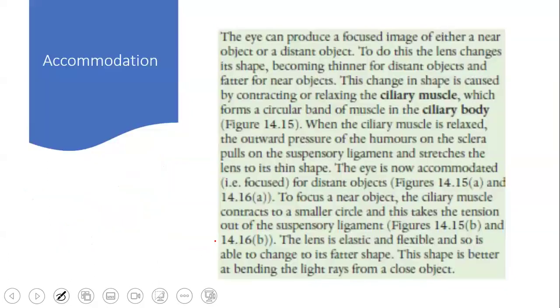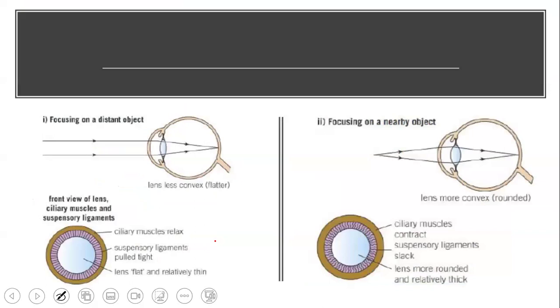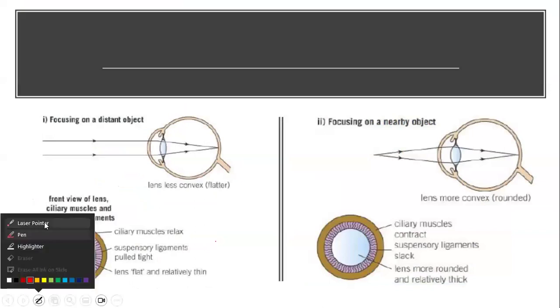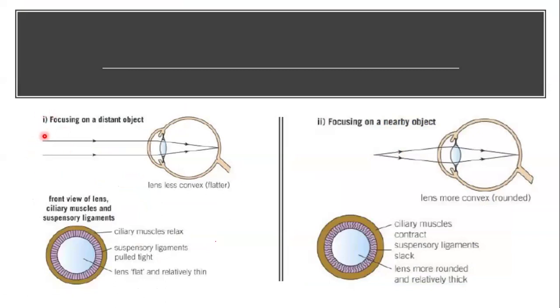Okay. Now, what happens is this: when I want to take a look at an object that is far away, my ciliary muscles are going to relax. My suspensory ligaments are going to become taut. They're going to become tight, okay? They're ligaments, so they become tight, they become taut.